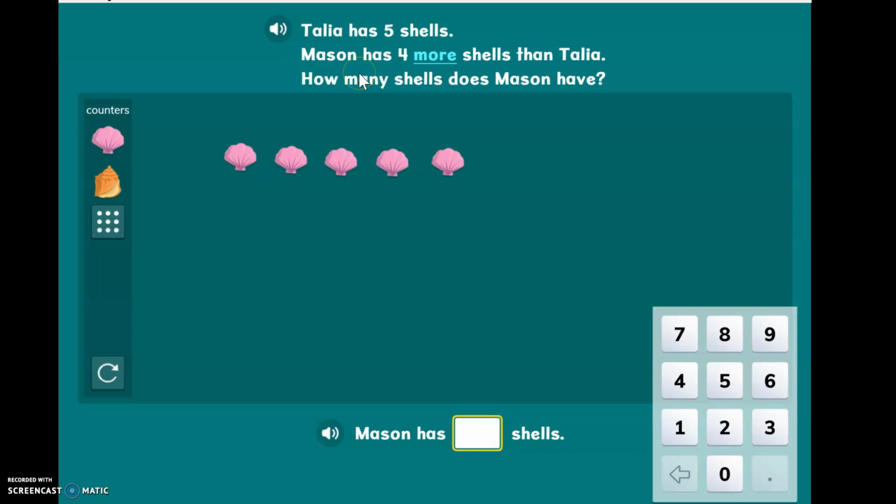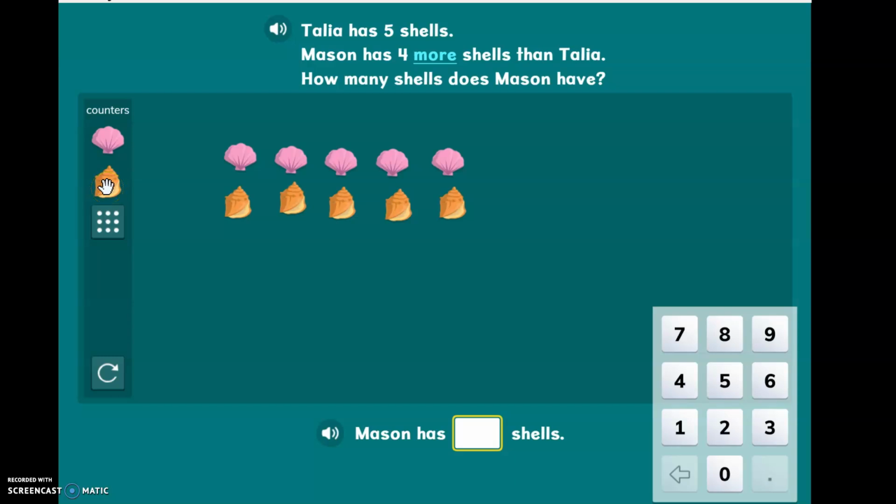Mason does not have 4 shells. He has 4 more than Talia. So we have to put how many Talia had. She had 5. So now I'm going to line them up, make them line up so it's easier for you to read. So there's 3, 4, 5, and I'm using different shells to show the different parts.